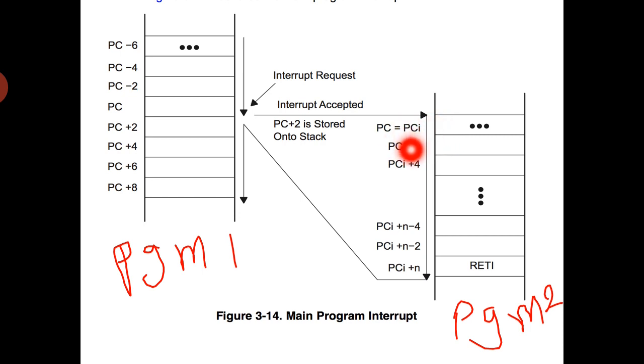Now one by one all the instructions present in program 2 get executed. Once program 2 is completely executed and the result is sent, the program counter will be updated with the address stored in the stack. Now all the instructions in the first program from PC plus 2 are executed continuously, and we will get the result of program 1.